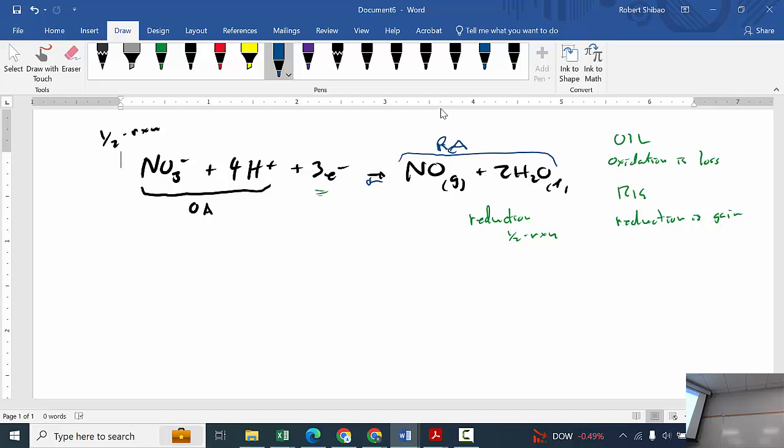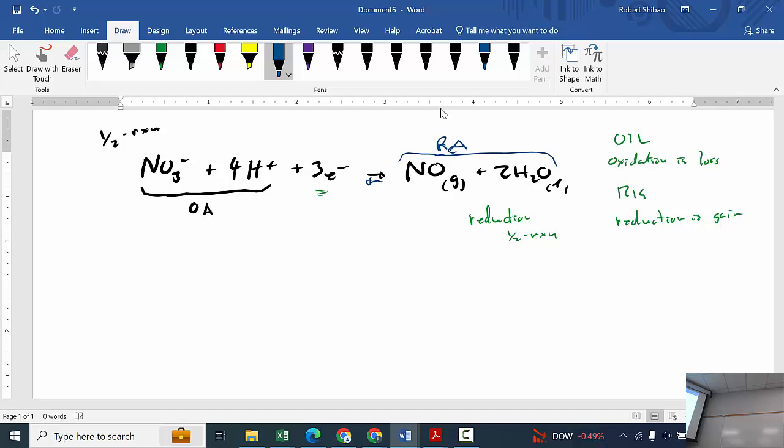When it loses the electrons here, it's going to form NO3 minus. It's going to lose 3 electrons. So here, the reverse process is called the oxidation half reaction. The forward process is called the reduction half reaction, and they're different species doing it.